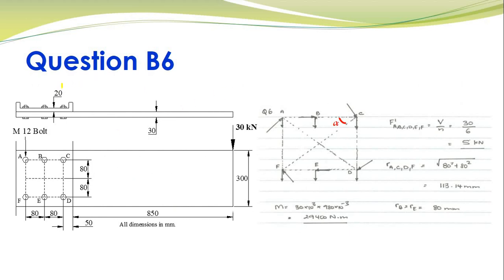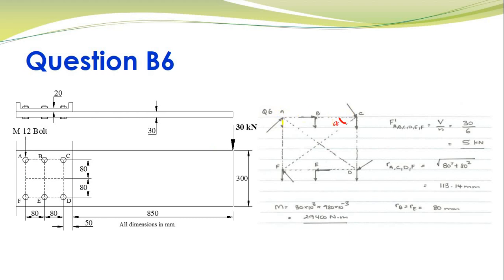The manner in which we solve this problem, the first thing you need to do is draw the free body diagram of the forces acting on each of these bolts. In this case you can see that the bolts are separated at a distance of 80 by 80 mm, so it's a perfect square.